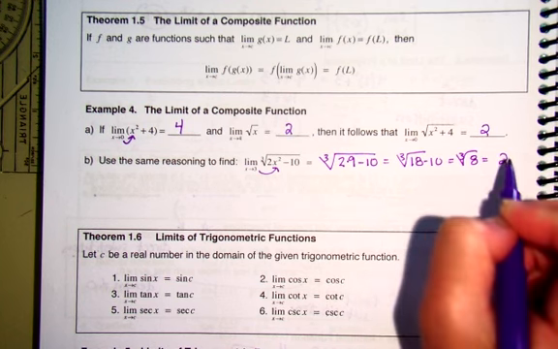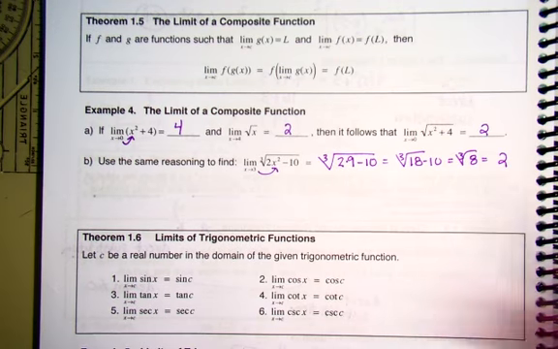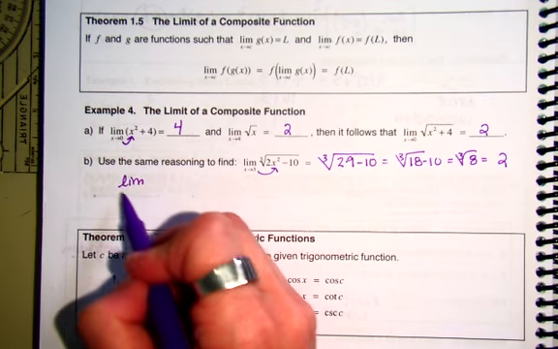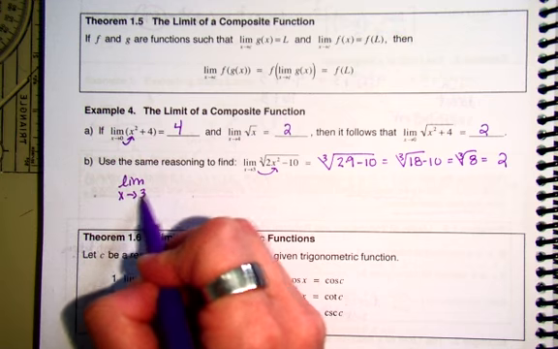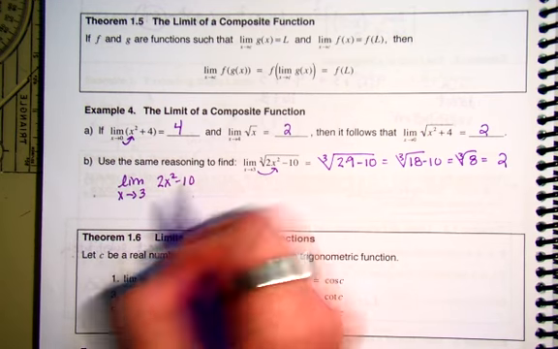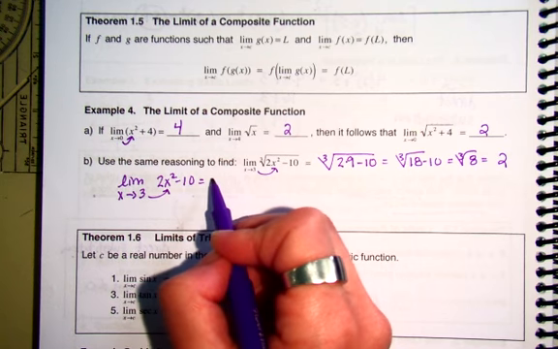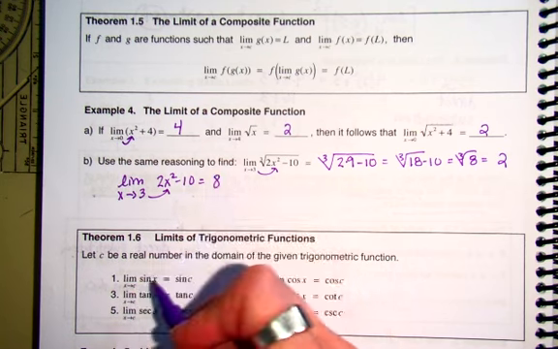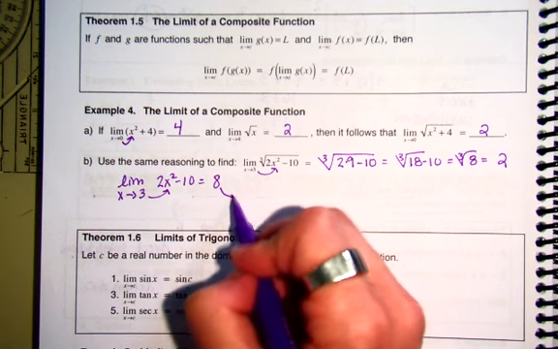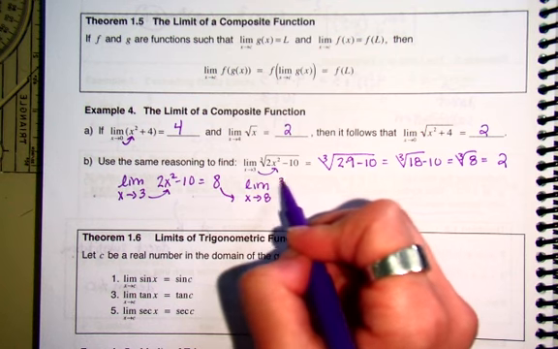But let me show you how to use it with the composition part, just to see if that made sense. Basically, we would start with the limit as x approaches 3 of the inside function, 2x squared minus 10. Do direct substitution here. So you get 18 minus 10, so we get 8. And then take the limit as x approaches 8, that now becomes your c, of the cube root of x.